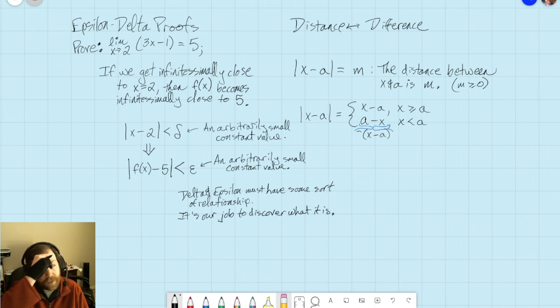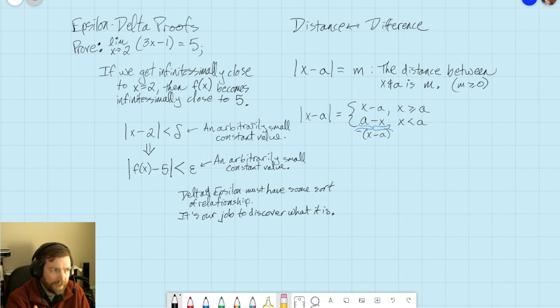Okay, and then because of that, we have to show, again, that if this is true, that this is also true. Now, there's a little bit of a problem here. I don't know really how to build f of x minus 5 out of x minus 2. Now, it's not difficult in this particular case because it's a linear function.